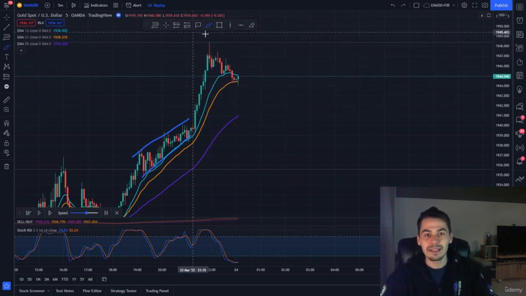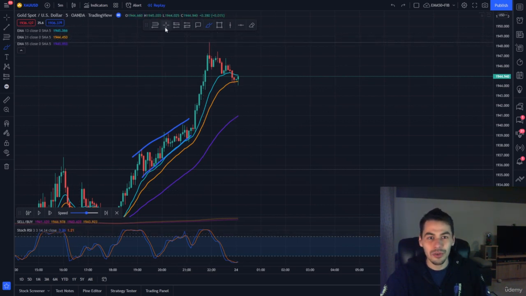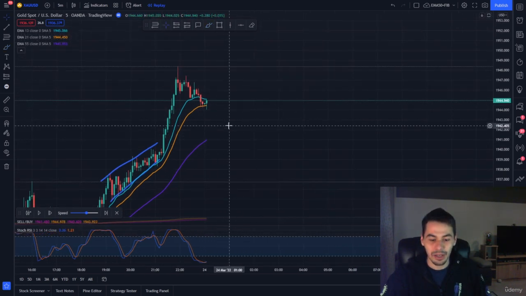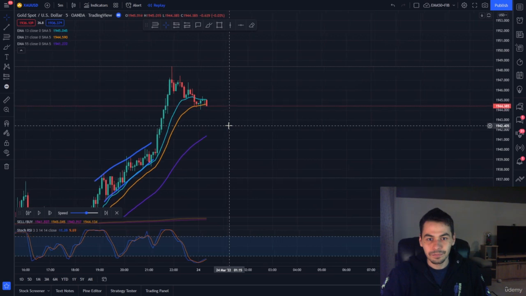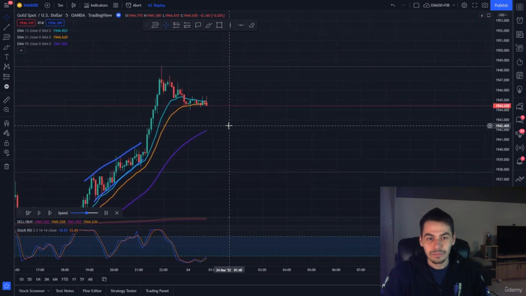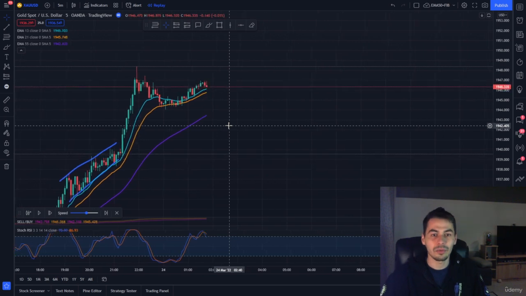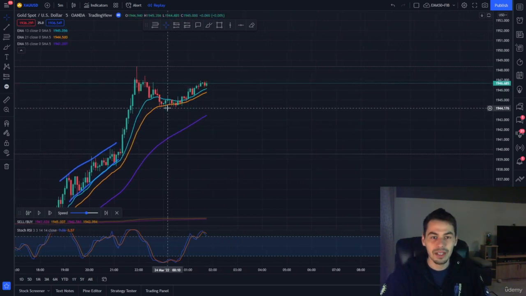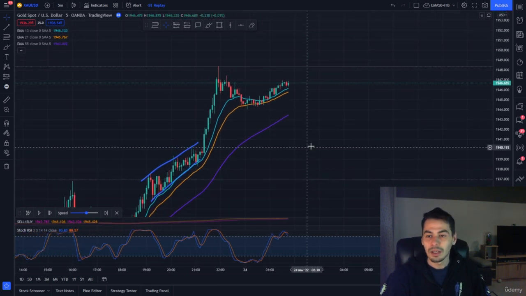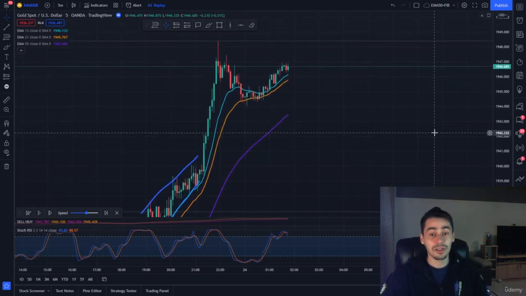So let's see what would have happened with your trade if you were to enter a buy on this candle. A bit of a ranging action, but then your target would have been hit for sure. As you can see, there wasn't any issue regarding the stop loss. So this was a successful trade.